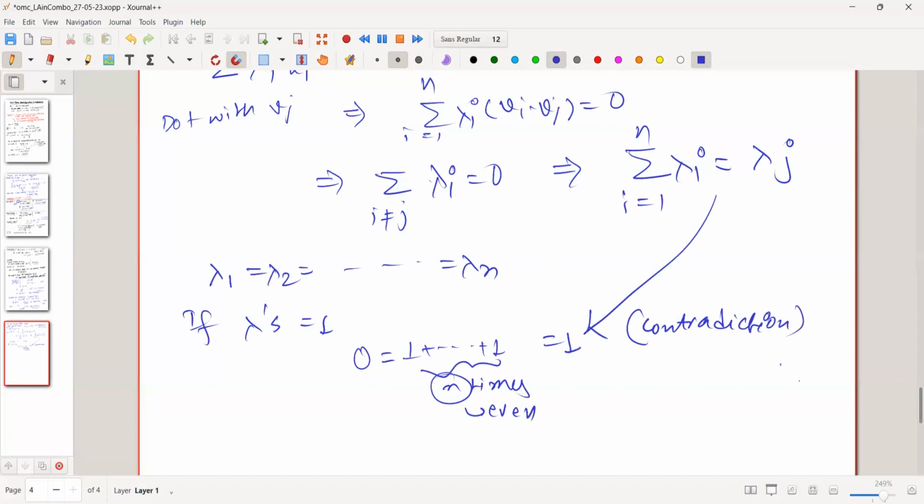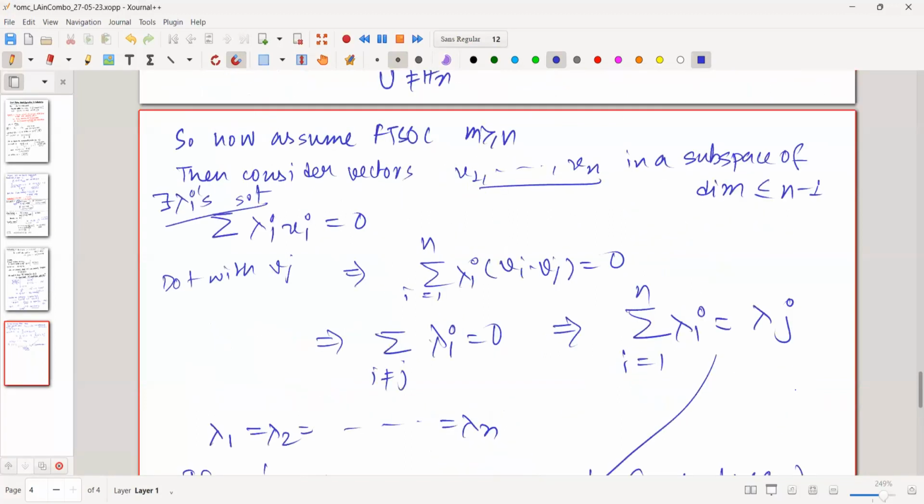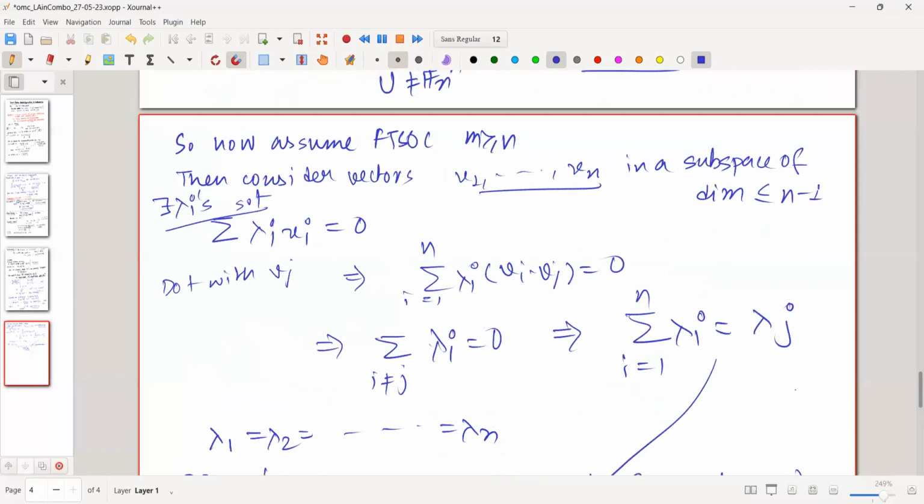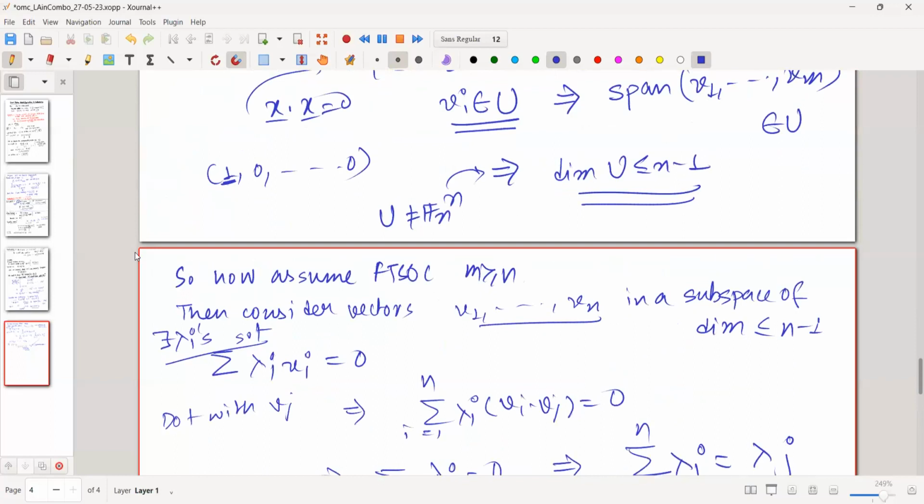So this is a sort of a specialty of this proof. This is considerably harder than the first problem, because here you cannot directly show that all the vectors are actually linearly independent.